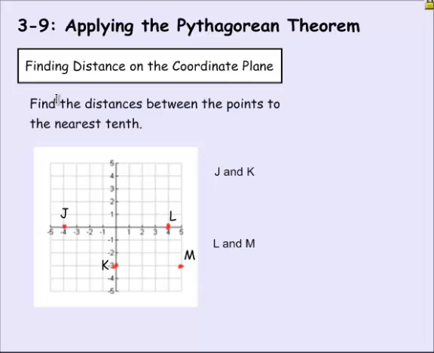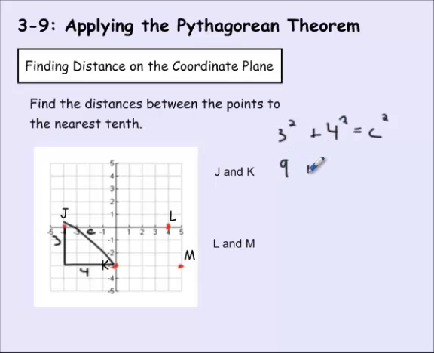Let's solve these ones then. We need to find distances between the points to the nearest tenth. It's asking us to find the distance between J and K. So for J and K, we can create a triangle here. It's 1, 2, 3 spaces down, 1, 2, 3, 4 spaces across. So now we can draw a diagonal line between J and K, which is going to be our distance here. So this would be a length of 3 down, a length of 4 across, and then this would be our C. So we'll do A squared plus B squared equals C squared. So it'd be 3 squared plus 4 squared equals C squared. 3 squared is 9.